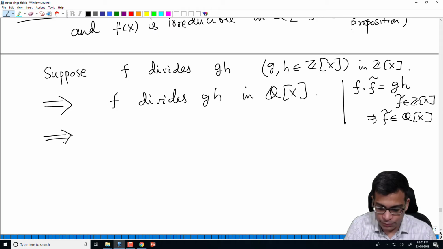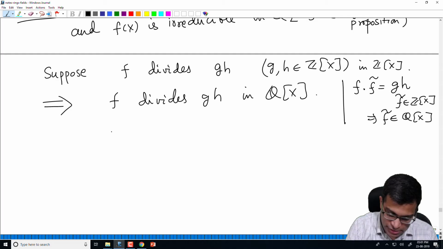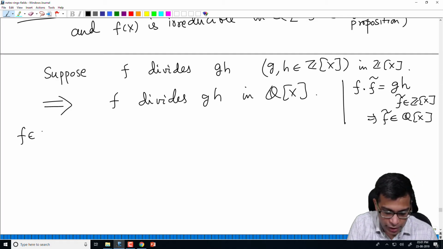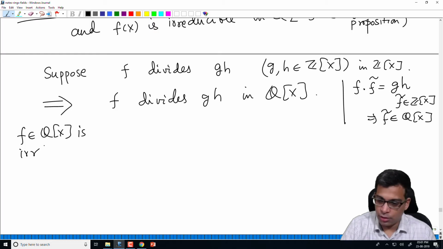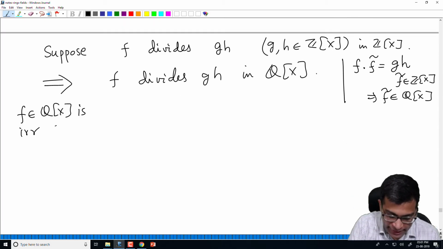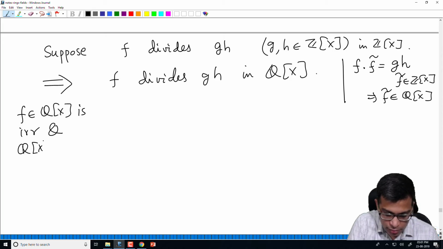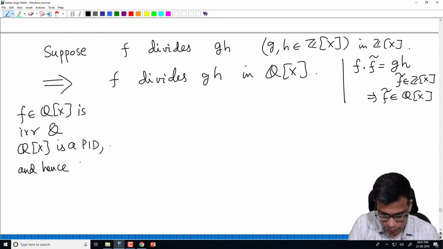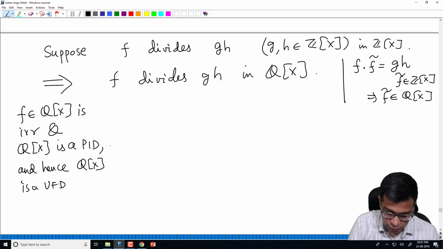But now f, this is what I should emphasize, f in Qx is irreducible, right? That I have said here. F is irreducible in Qx and Qx is a PID and hence Qx is a UFD, right?